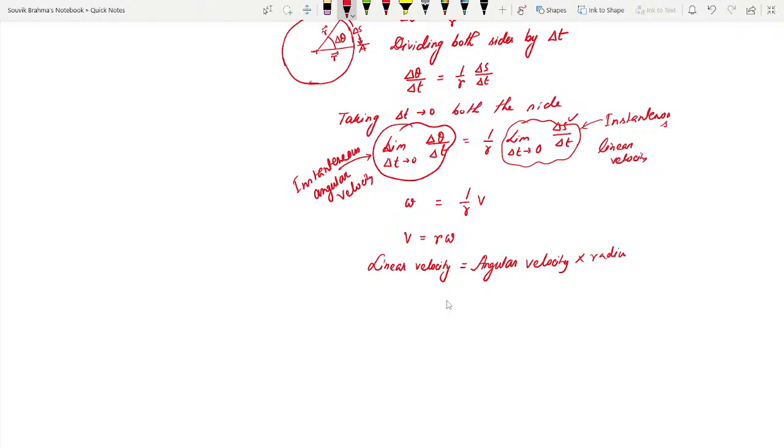Okay, now in vector notation, it should be... correct.